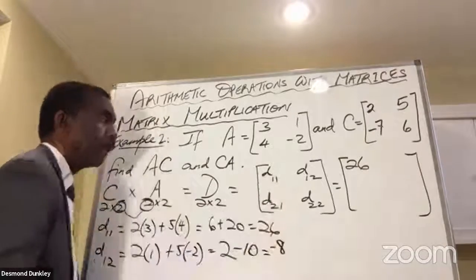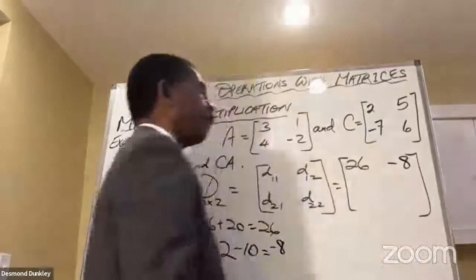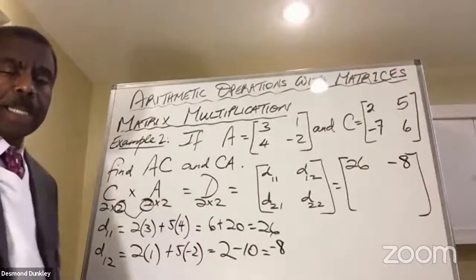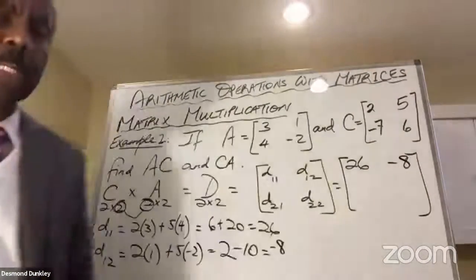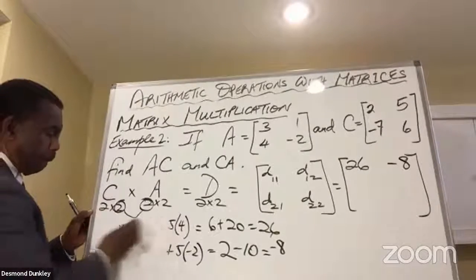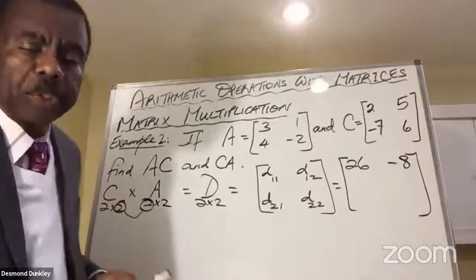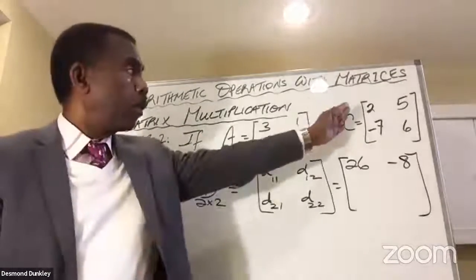Negative 8. And we will clean the board so we can have space for the other two entries. So we are finished with the first row.